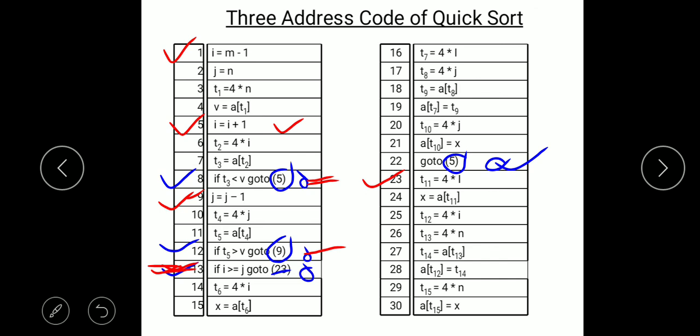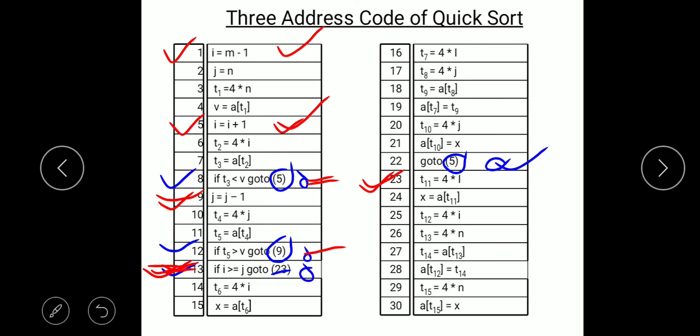So how many leader statements do we have? Statement number 1, statement number 5, statement number 9, statement number 13, statement number 23.